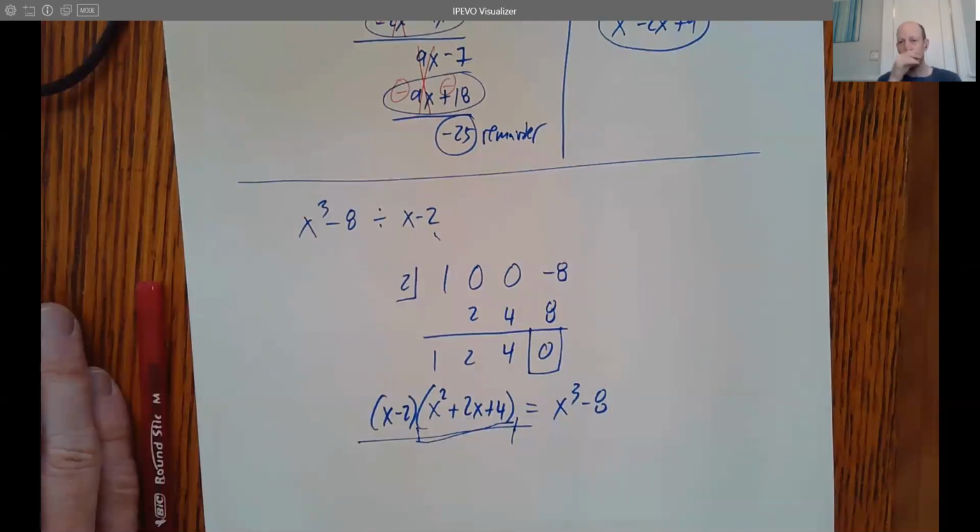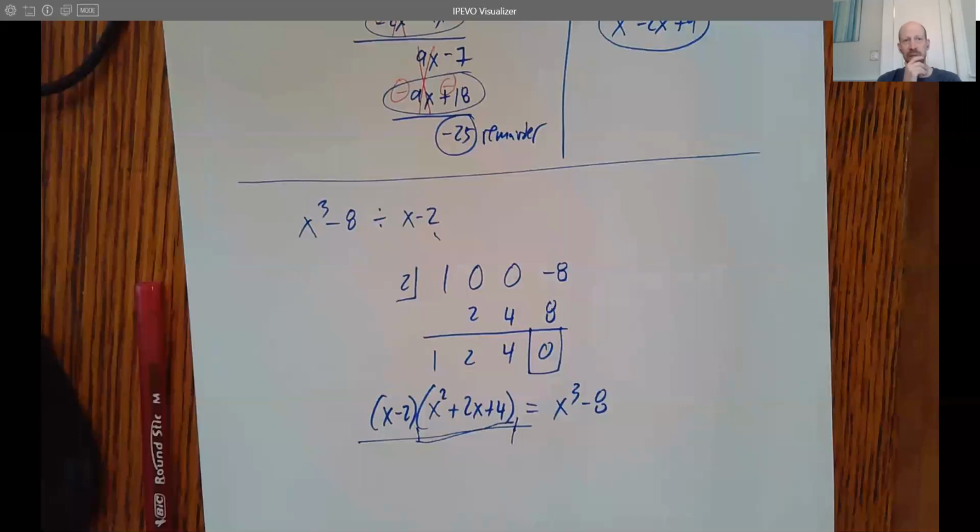Then you'll get, I think in this one, maybe 4 possibilities. And so you just check them. You put each one into the function, and if the function equals 0, then it's a zero. If the function doesn't equal 0, then it's not a rational zero. Okay. Thank you. Yeah.